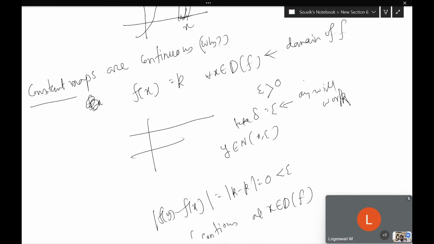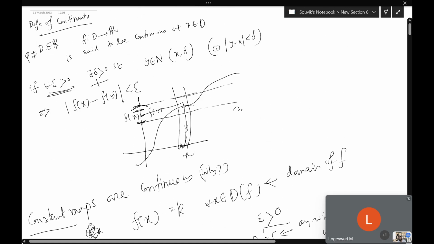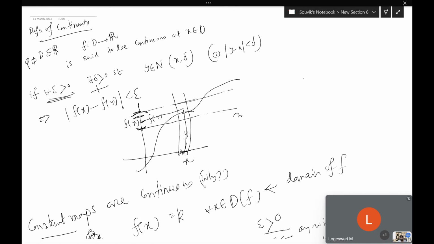So, first example is that constant maps are continuous. For constant maps, we choose epsilon. One thing to note is that in the definition of continuity, delta depends on epsilon. In the case of a particular function, any delta may work, but in general, delta will depend on epsilon.